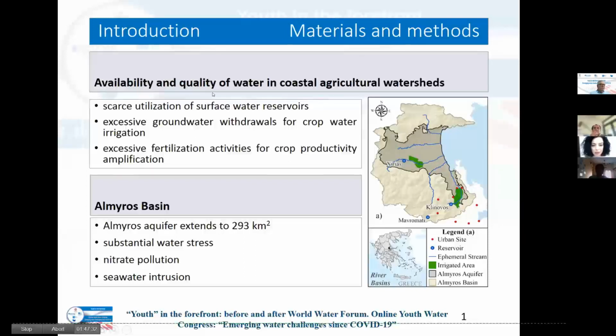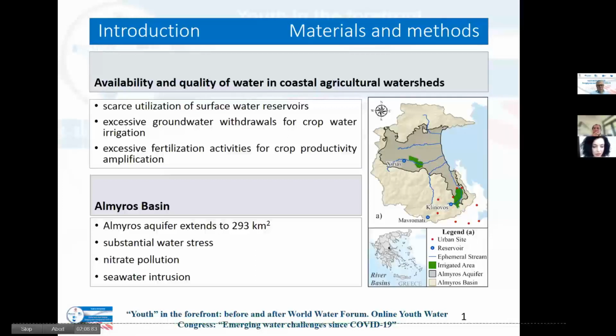The availability and quality of water in the coastal agricultural watershed is dependent on the scarce utilization of surface water reservoirs, the excessive groundwater withdrawals for crop water irrigation, and the excessive fertilization activities for crop productivity amplification.